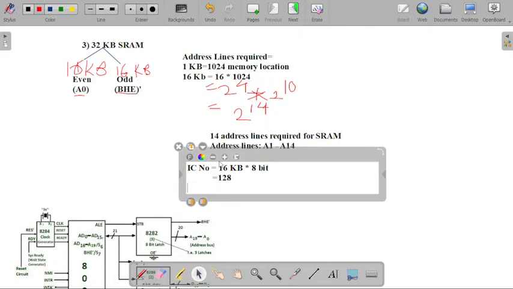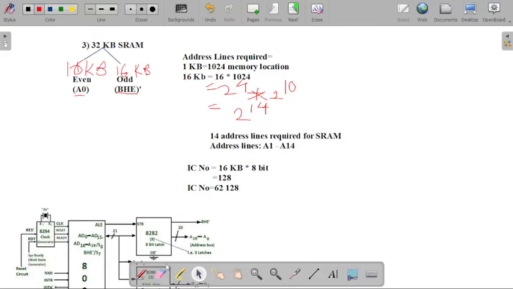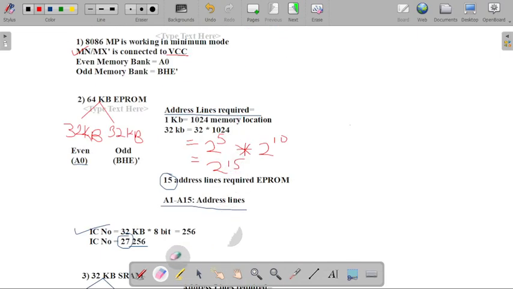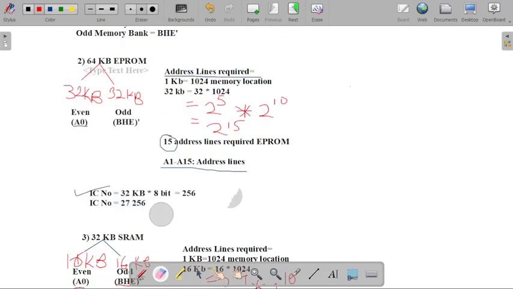So 128 is the number that we got from our calculation, and here I am writing the IC number, that is 62, and then I am writing here 128. So 62 is the prefix that we are using for the SRAM, and 128 is the number that we got from our calculation. So now currently we got the IC number for our SRAM, and also we got the IC number for our EPROM.